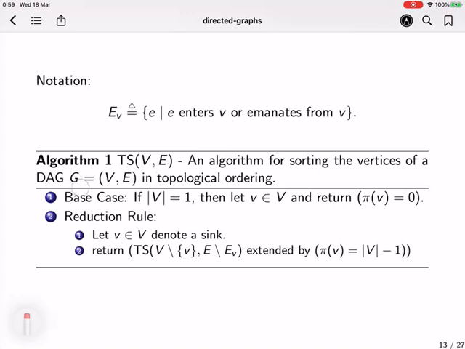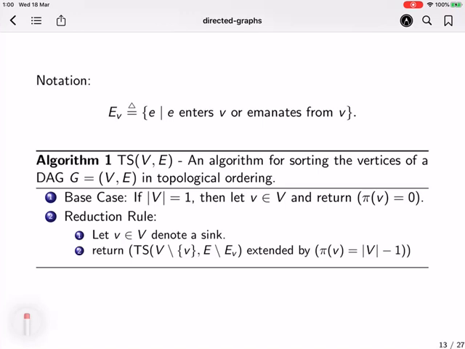The input is a directed acyclic graph G, and the output is a topological ordering of G. Now I will use the following notation in the description of the algorithm. E sub v, this is lowercase v, is the set of all arcs e such that e either enters v or emanates from v. Sometimes we call that e is incident to v.